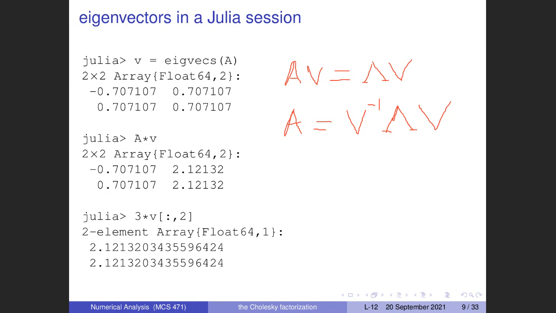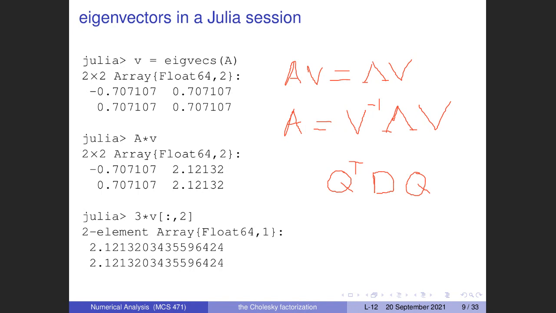So how can you make a positive definite matrix? Well, you generate an orthogonal matrix. You take the transpose of the orthogonal matrix, because for an orthogonal matrix, the transpose is actually its inverse.